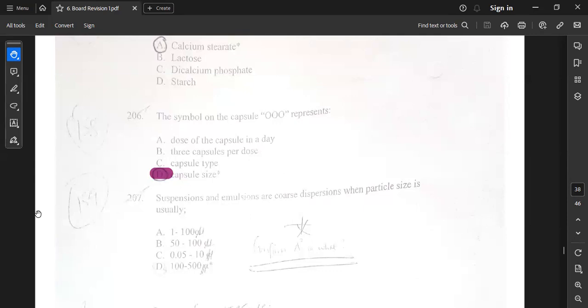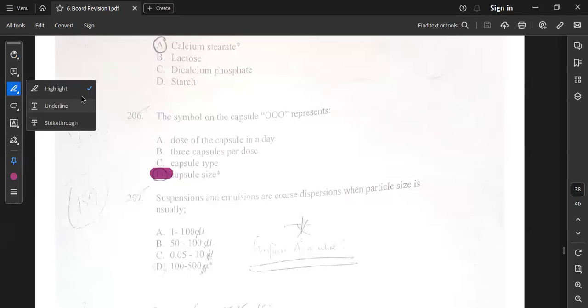Anyone with an answer? D. Okay, someone is saying D, 100 to 50. We are on 207. So is everyone okay with D?